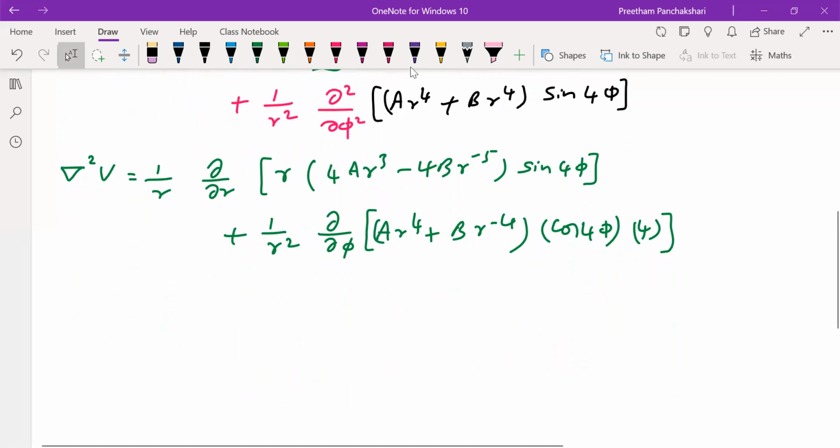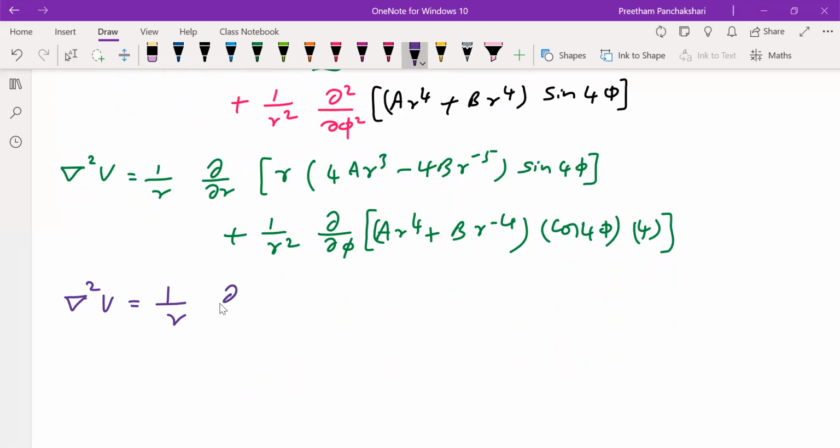So we should go for one more differentiation. Before that, I would like to simplify the term to be differentiated. Here, multiply the term within the bracket by r.